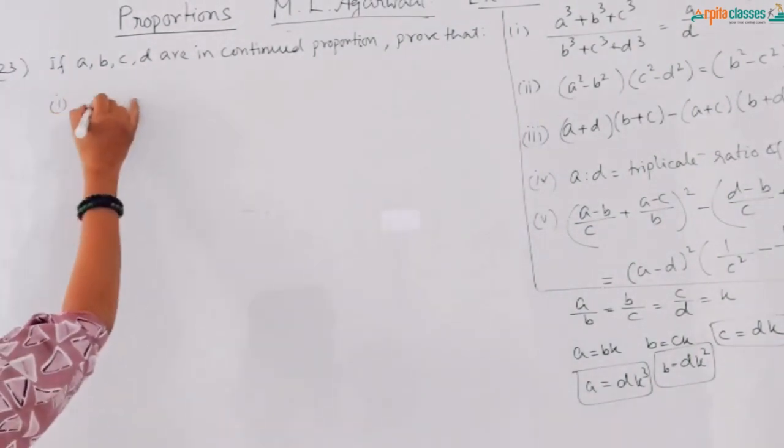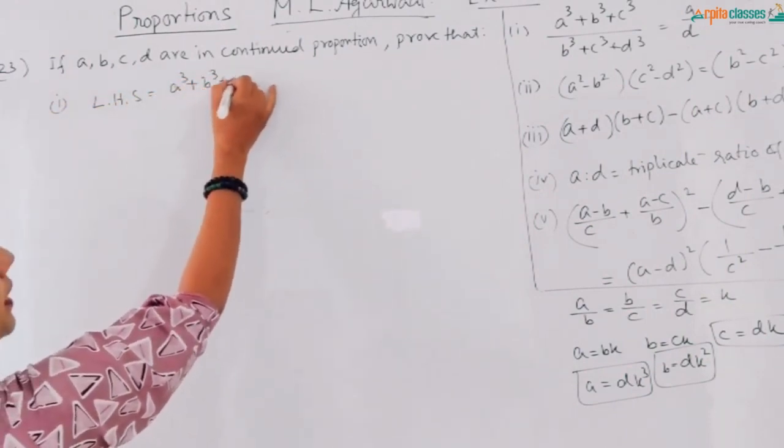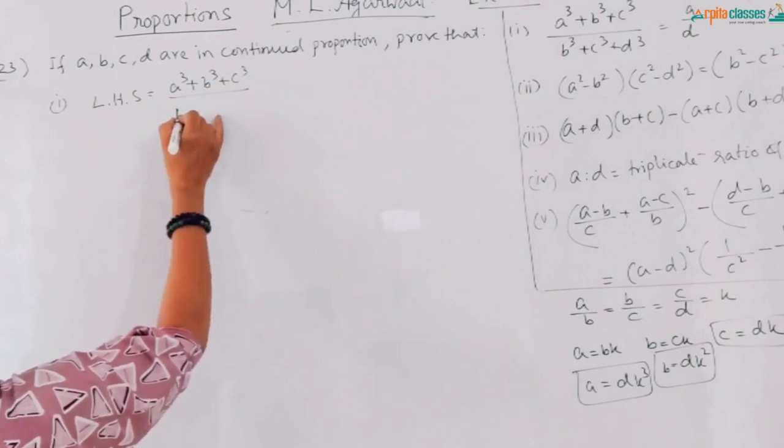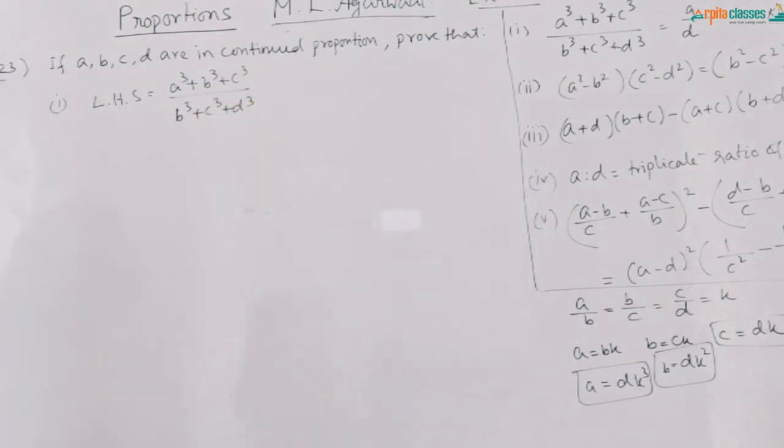Now let us take the first sub question, the left hand side: (a cube plus b cube plus c cube) upon (b cube plus c cube plus d cube). This is your left hand side. Now a cube, a is dk cube.